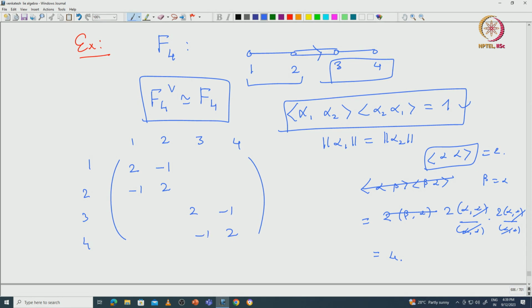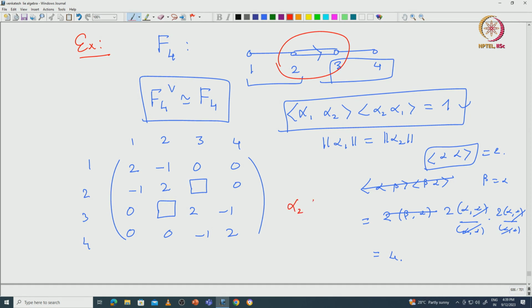And 1 is orthogonal to 3, 1 is orthogonal to 4, because there is no edge between 1 and 3 and 1 and 4. So 1 3 is 0 and 1 4 is also 0. Now 2 4, there is no edge between 2 and 4, so 2 4 is 0 and 4 2 is 0. We have to determine only these two entries, that is recorded here.